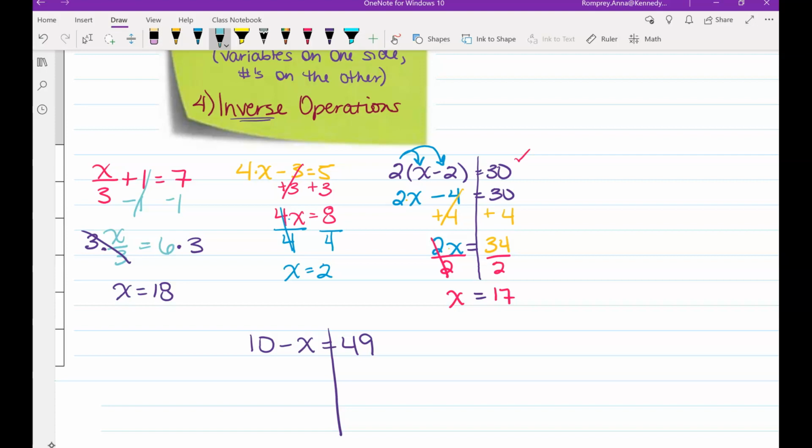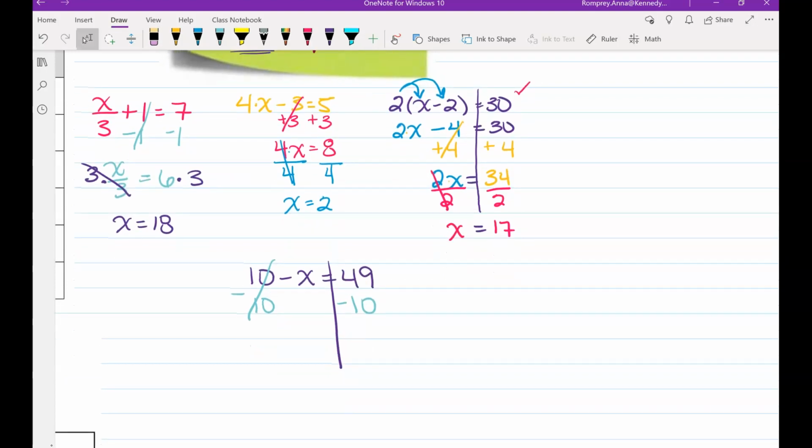So what's the inverse of a positive 10? A negative 10. Does that make sense? Because 10 minus 10 is 0, it would cancel it out. So again, what I do to one side, better do to the other. Those properties of equality.